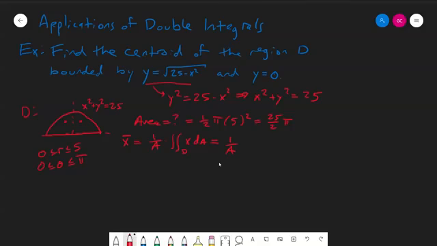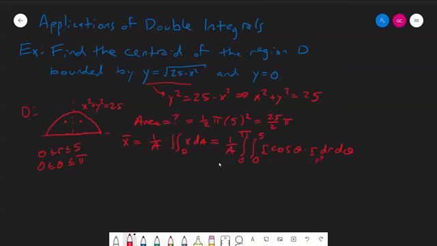Now, I want to use polar coordinates to set this up. So instead of taking x dA, we're going to convert x to r cosine of theta. And then remember, dA becomes r dr d theta. We had r from 0 to 5, and theta from 0 to pi. Well, that r and that r give me a total of r squared.